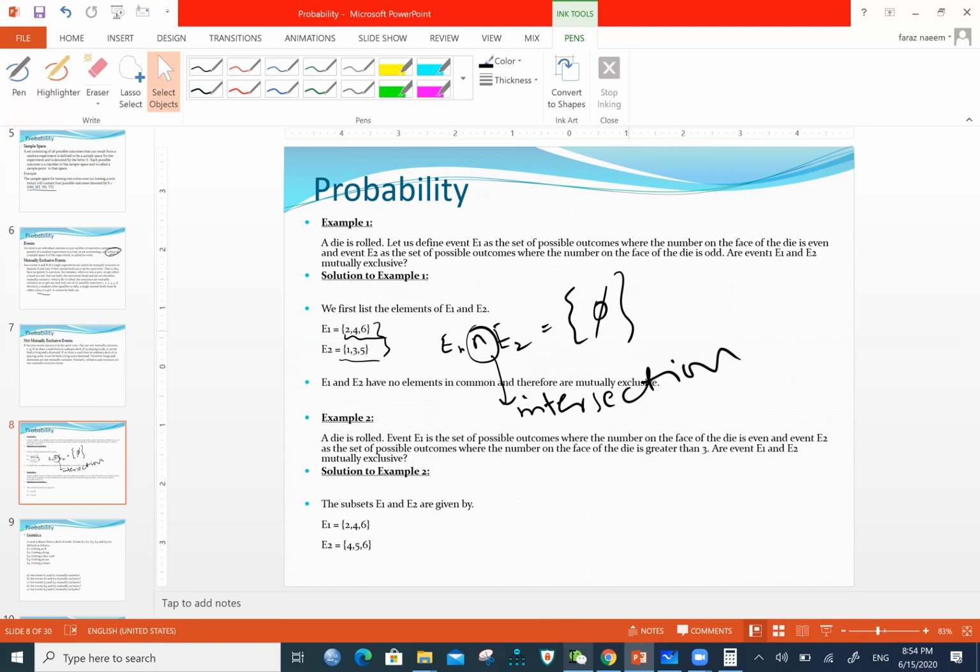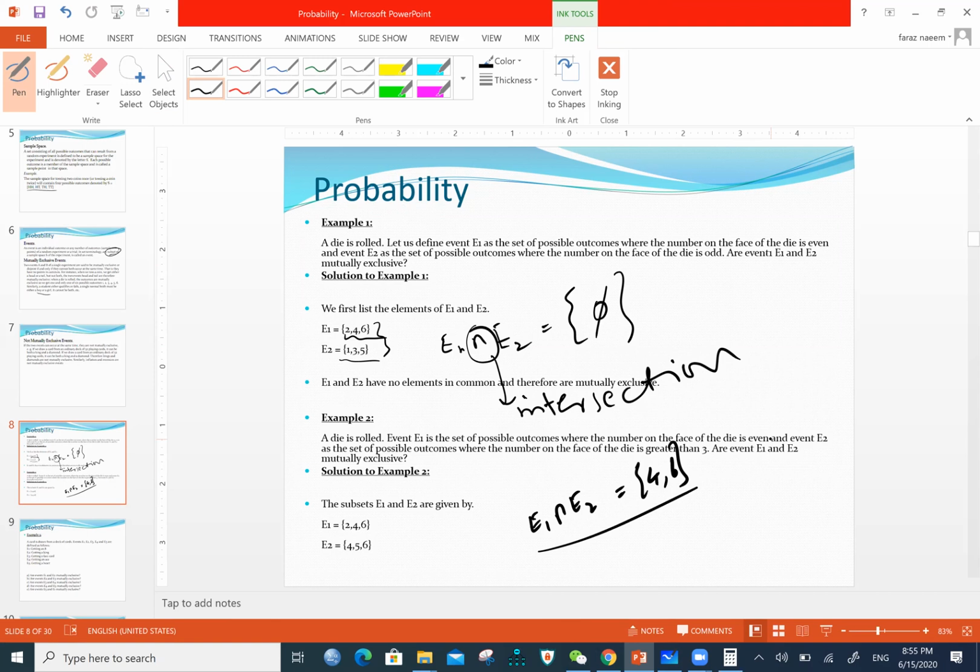Now, is there any point in common between E1 and E2? 4 and 6. So they can occur together. They satisfy both properties. 4 is greater than 3 and 4 is an even number.